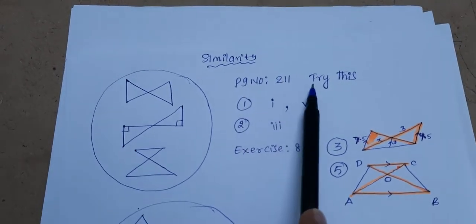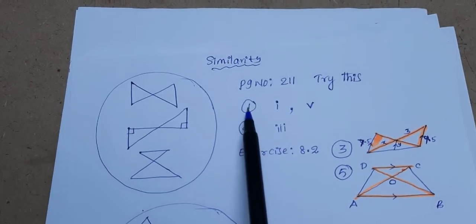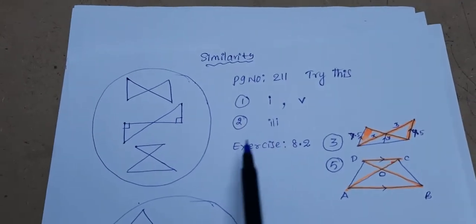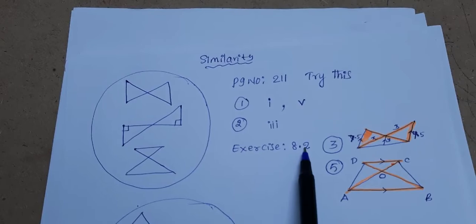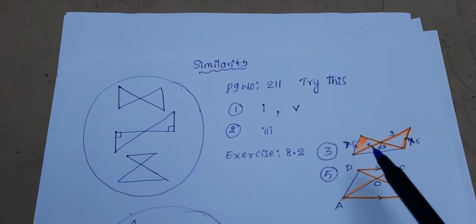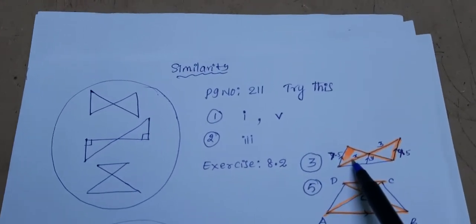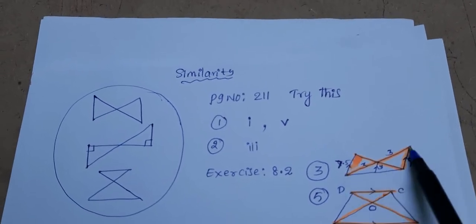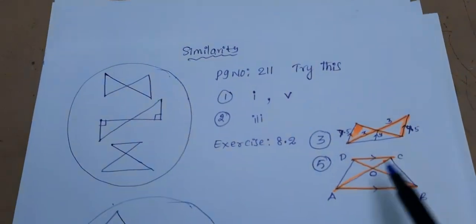Page number 211, try this. First bit, first problem, fifth problem. Second bit, third problem. In exercise 8.2, third problem, this is a dumbbell shape. You can prove it.